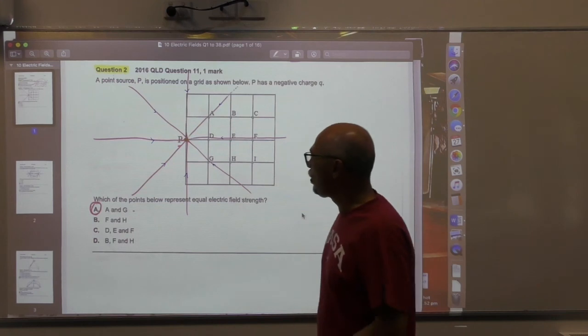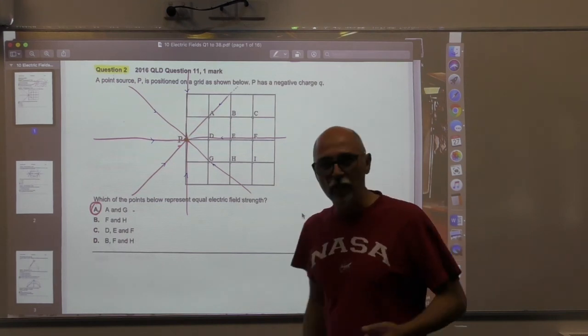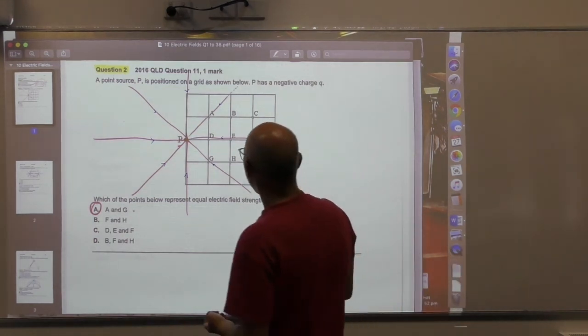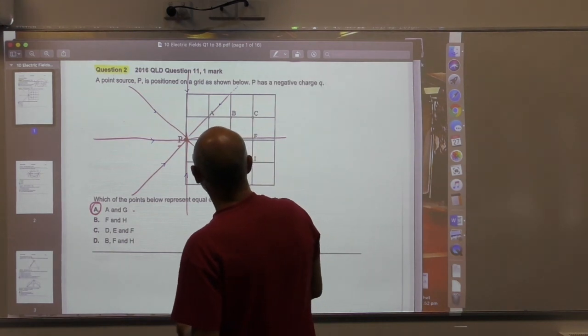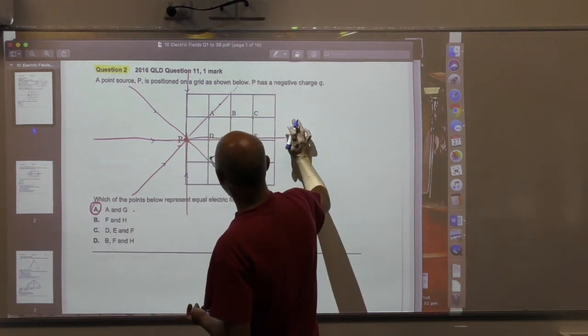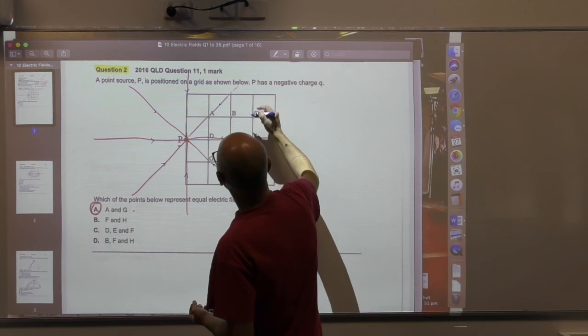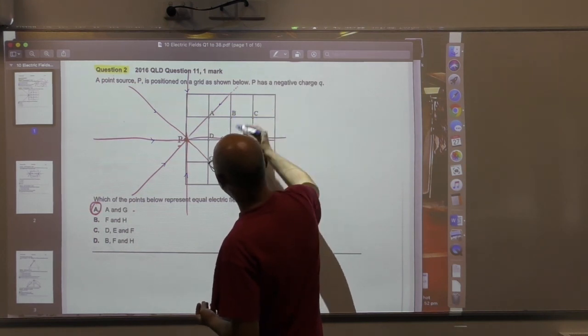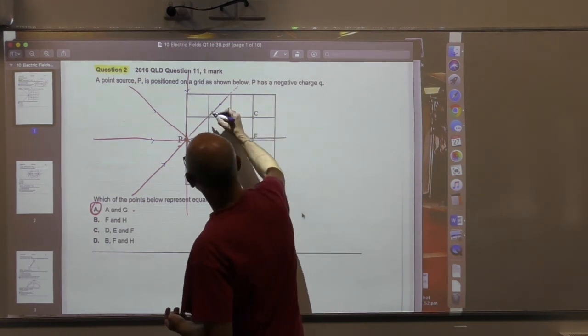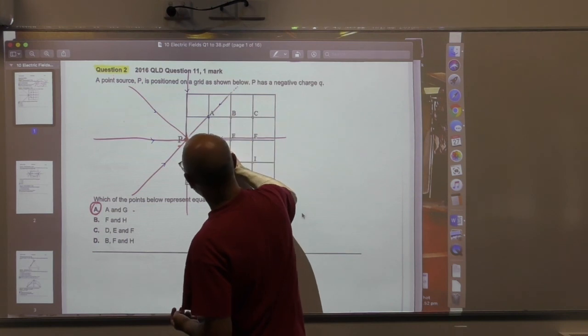So the only two regions where you can definitely say the field strength is the same is A and G, okay?